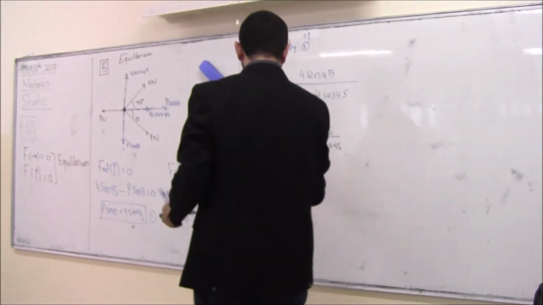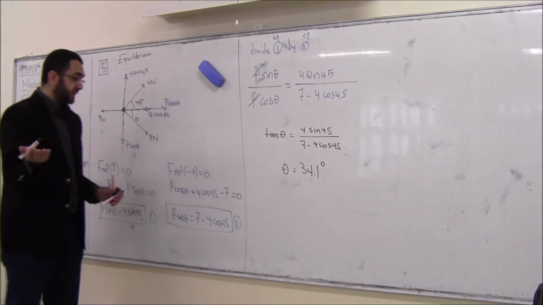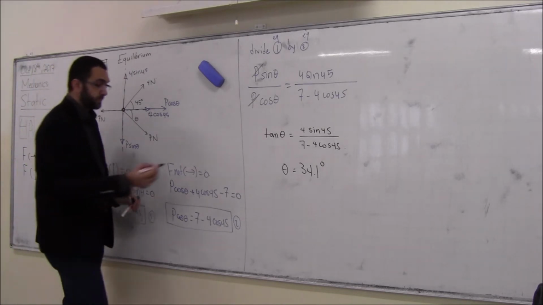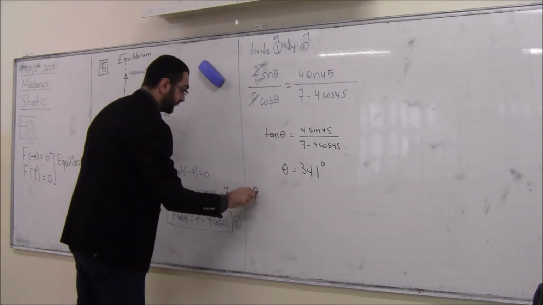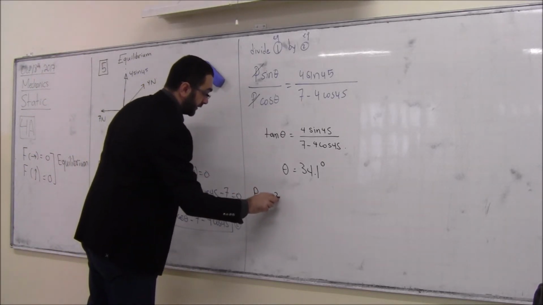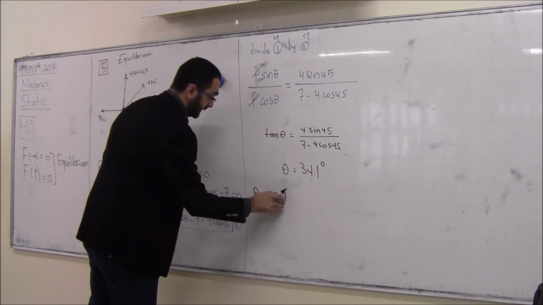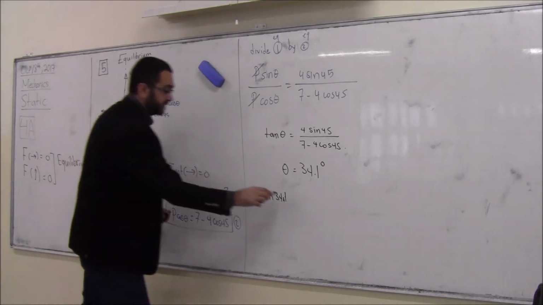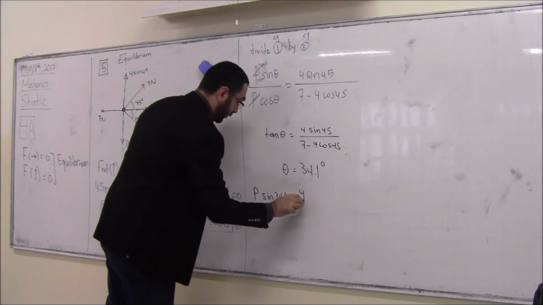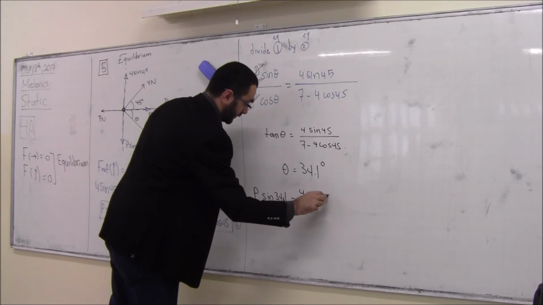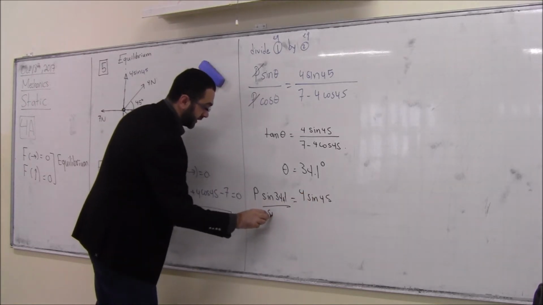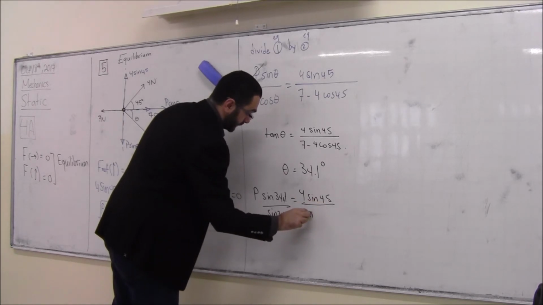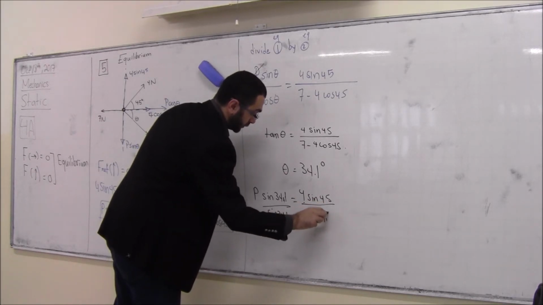Now, if we found theta, I will easily find P. So P sine 34.1 equals 4 sine 45, so P equals 4 sine 45 divided by sine 34.1.